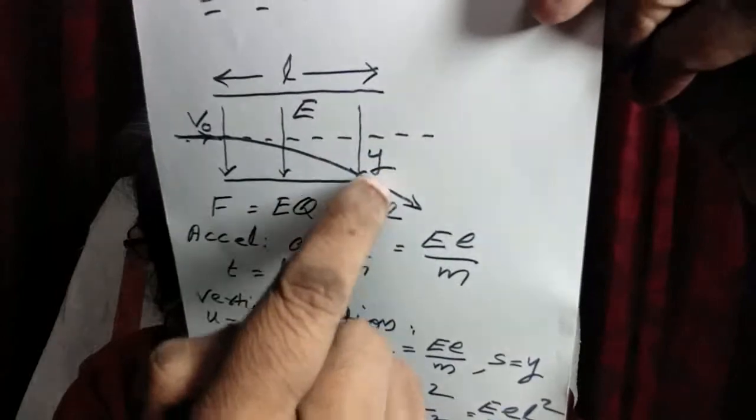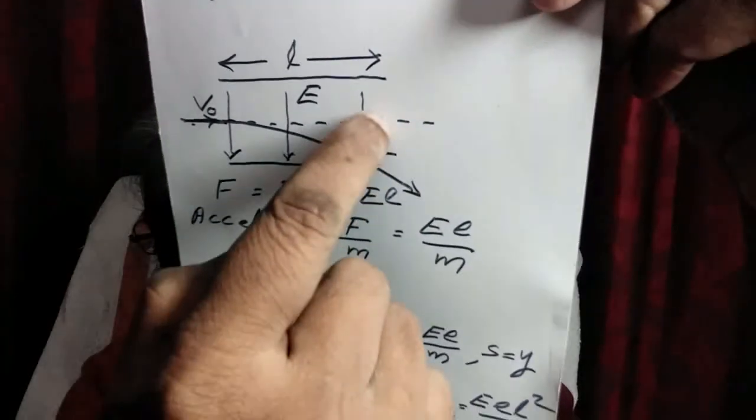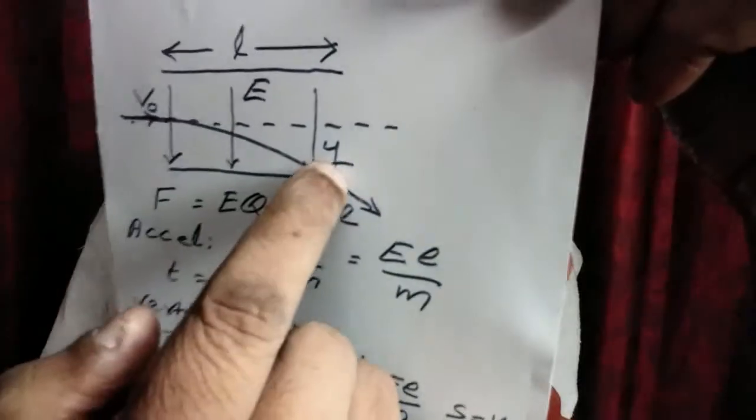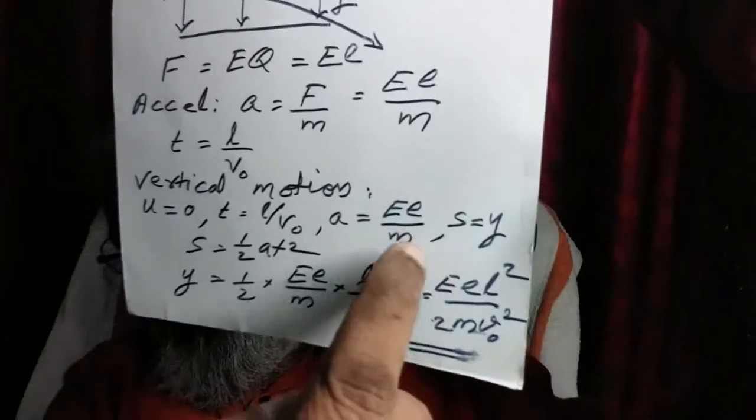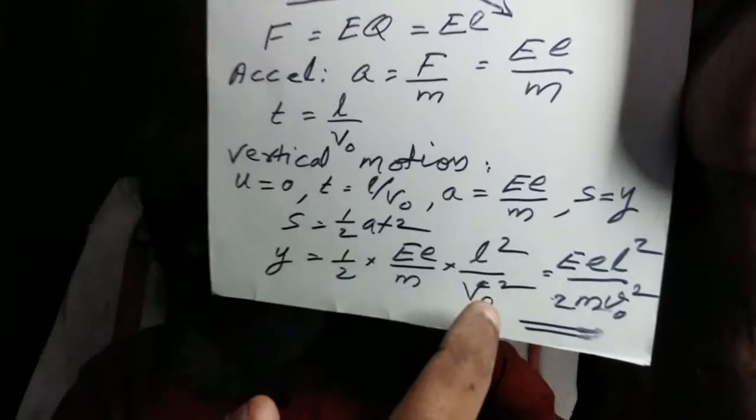So what is the vertical displacement? Let it be y. This is the unknown y, vertical displacement as it leaves the space between the plates. You use the equation S equals ut plus half at square. u being 0, S equals half at square, S is y. y equals half into eE by m into T square, L square by v0 square.